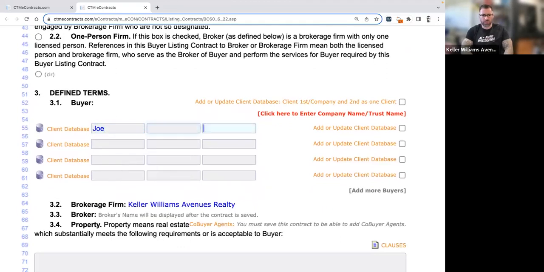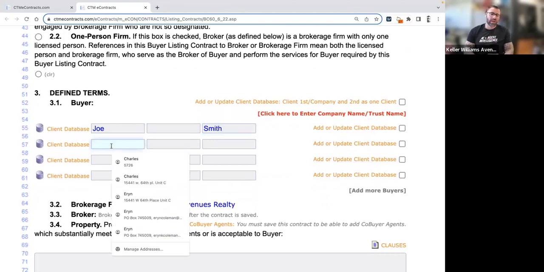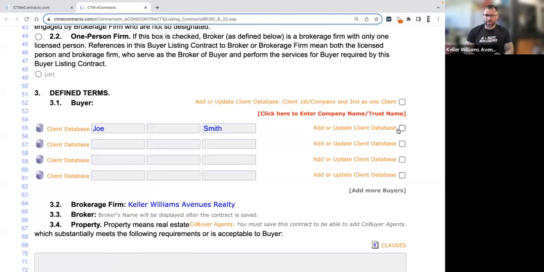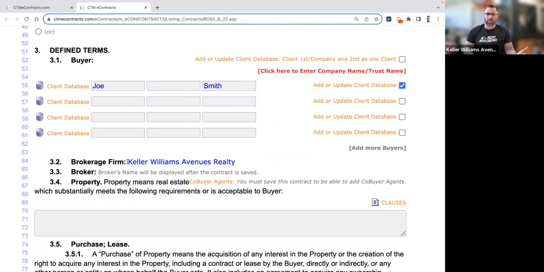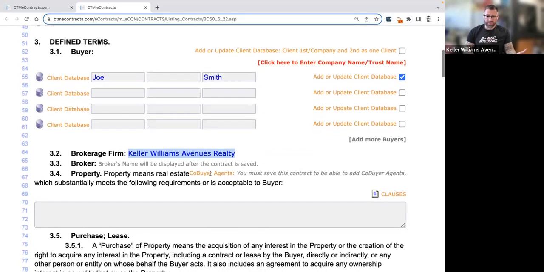I'm just going to go Joe Smith, and it is first name, middle name, last name. And over here on the far right, I'm going to hit add or update client database. So they're going to add this person to the database as we go through. Your brokerage should say Keller Williams Avenues. It will display your name as soon as you hit save.